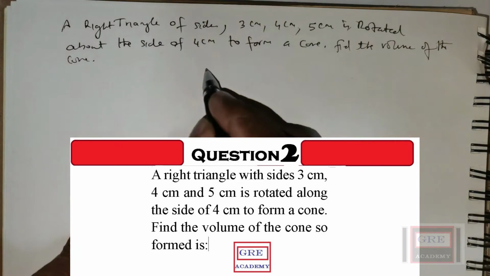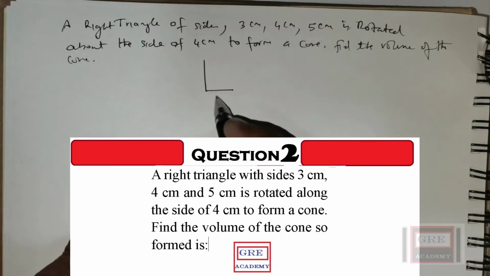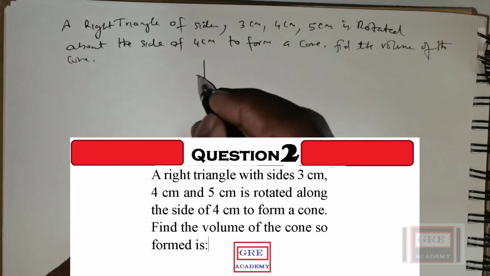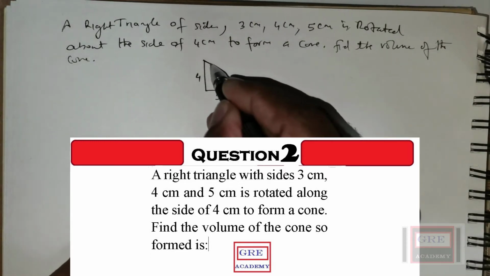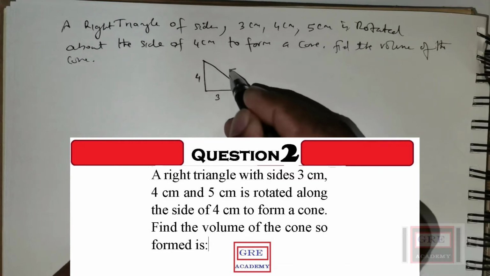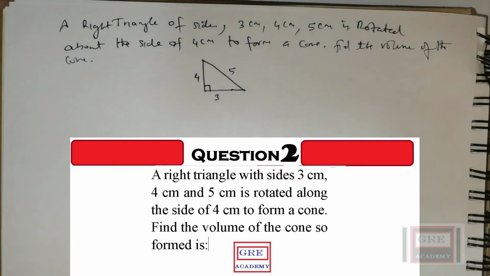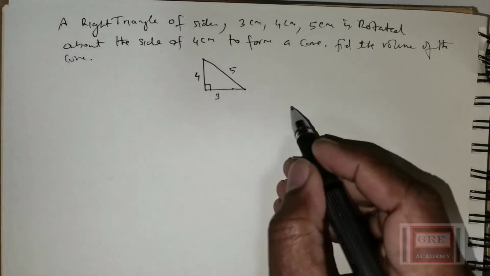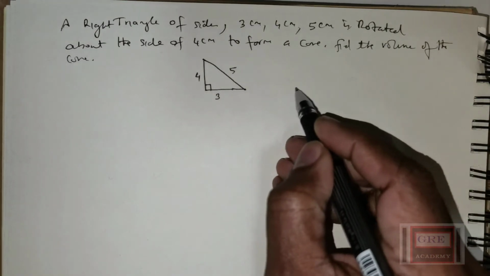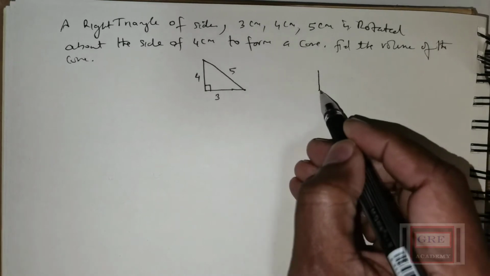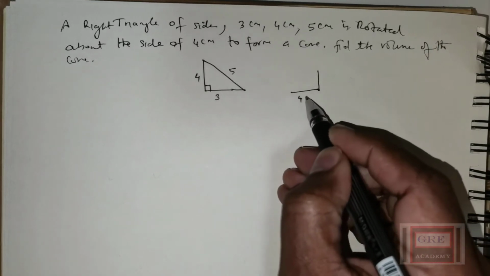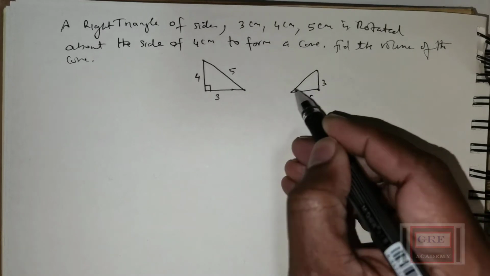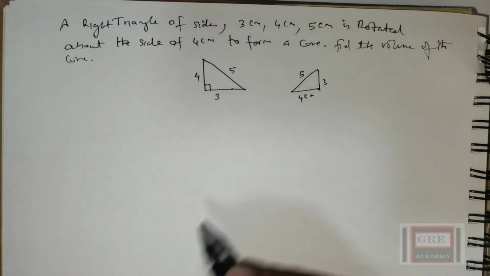Now let us visualize this. So we've got 3 centimeter and we have got 4 centimeter and then we have got 5 centimeter. So this is a right triangle and it is rotated about the side 4 centimeter. So that means this is going to be 4 centimeters and this is 3 centimeters and this is going to be 5 centimeters.